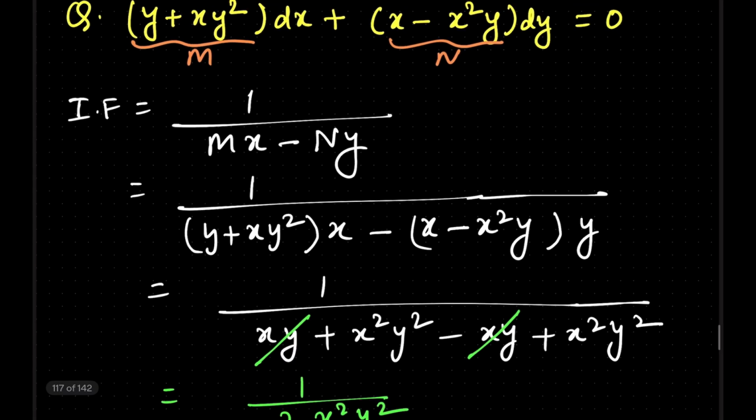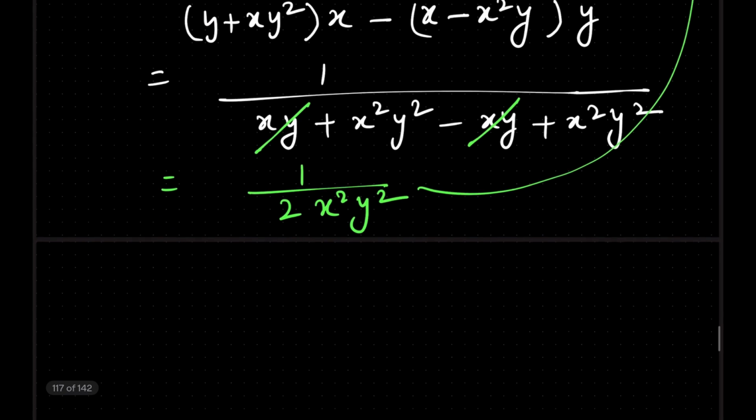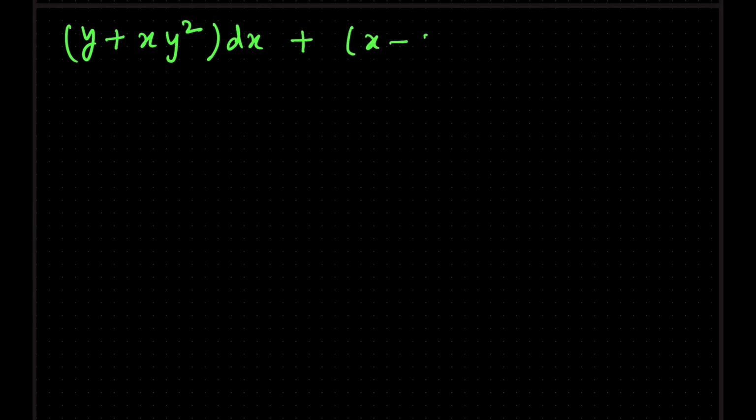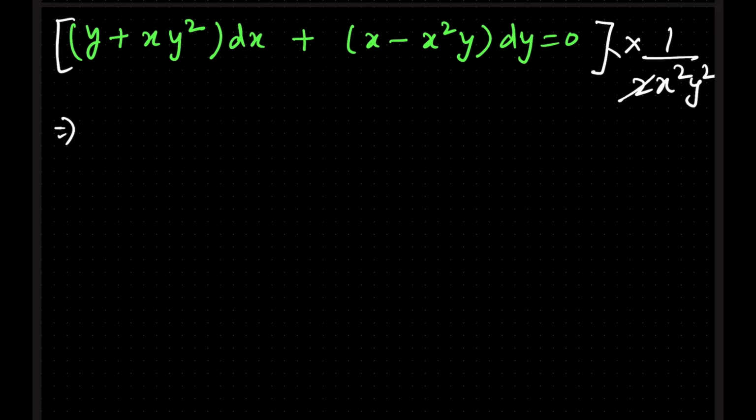Now you have to multiply this integrating factor with the non-exact differential equation to get our exact differential equation. Our parent equation was (xy + xy²)dx + (x − x²y)dy = 0. Here we will multiply by 1/(2x²y²). The 2 will get cancelled because it goes to the other side where it becomes 0.